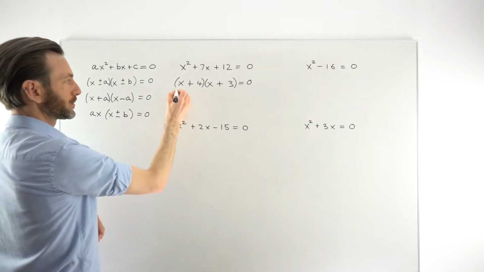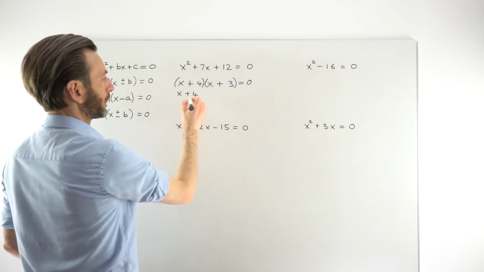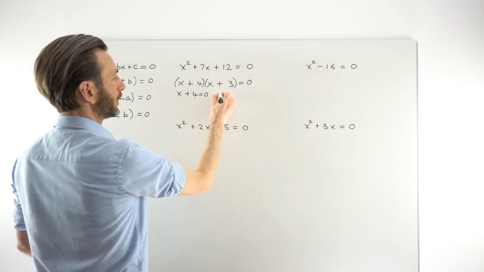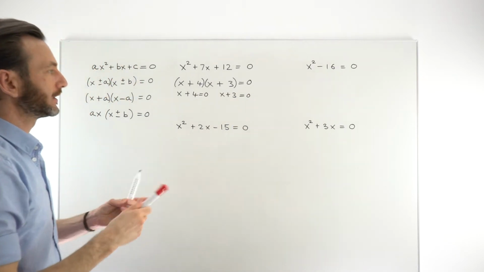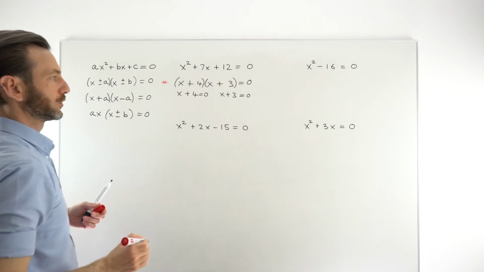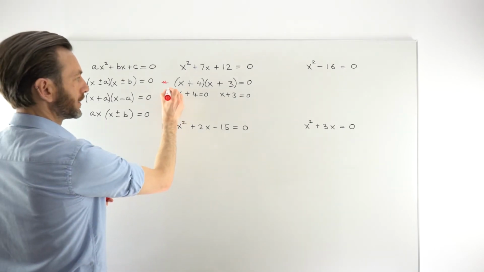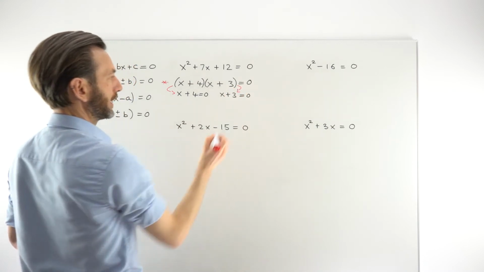And then all we do is split these off into two little mini equations. So you go x plus 4 equals 0, and x plus 3 equals 0. So all that I've done there, once you've got it factorized, so factorizing is like step 1, that takes you to there. All that I've then done is to take this bracket and make it into an equation, and take this bracket and make that into an equation.